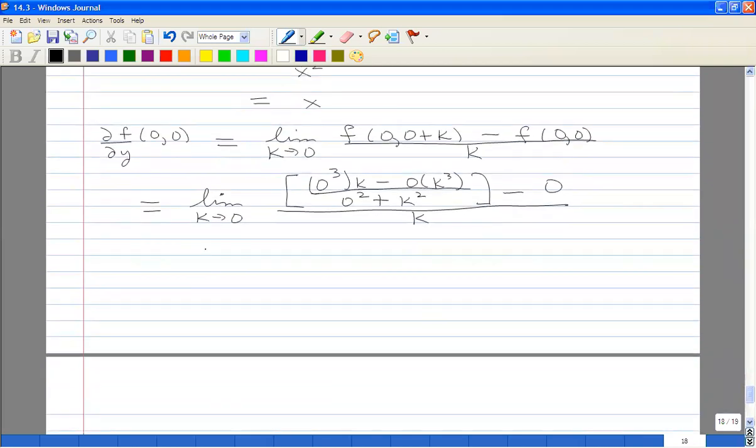And so this first term is just 0 minus 0 over k. Well, 0 divided by k is just 0. As k goes to 0, 0 just remains 0.